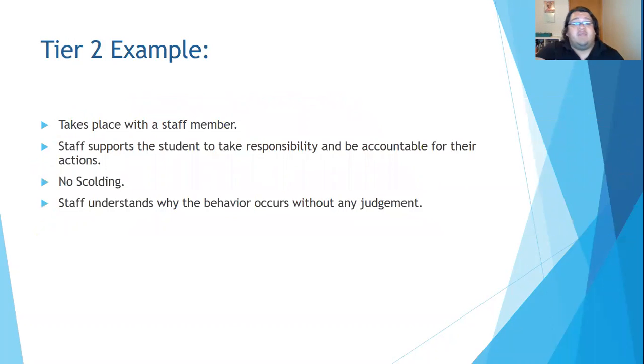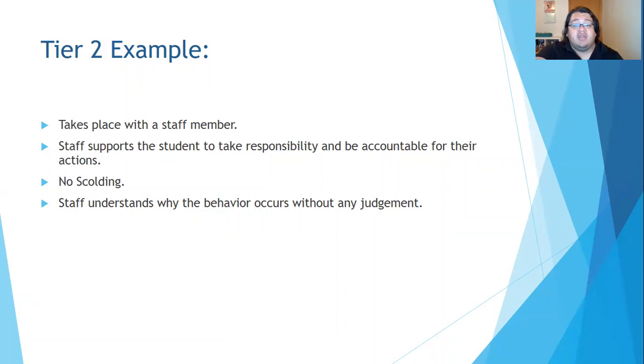Tier 2 examples, right? Take place with a staff member, either with us or with the principal or vice principal, whoever it is, but it takes place with a staff. Staff supports the student to take responsibility and be accountable for their actions, right? So whatever they've done, we hold them accountable and say, you did, this is what happened.